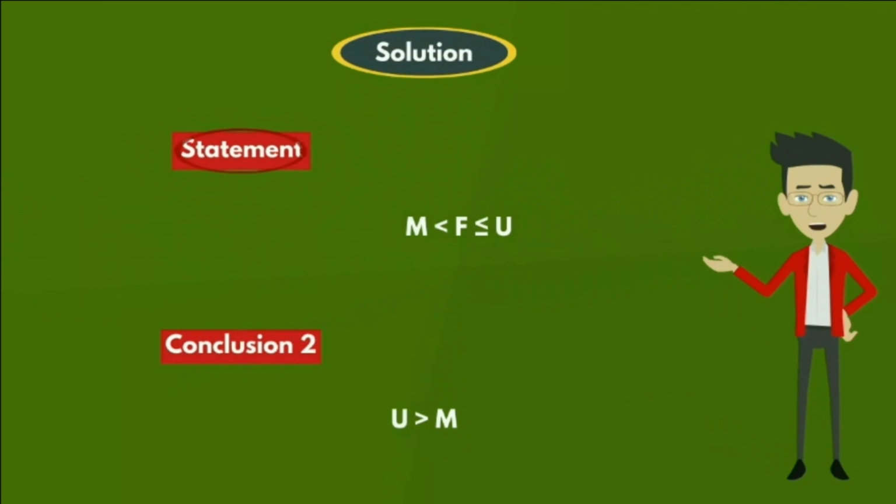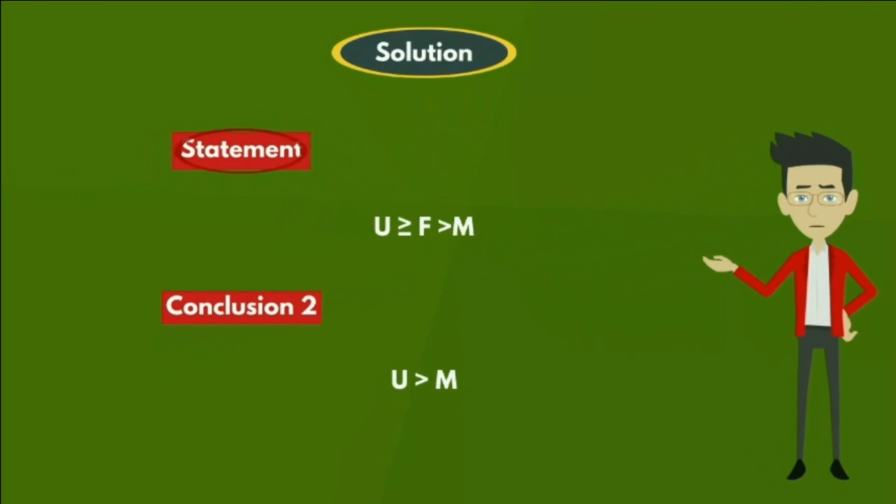So here, M less than F less than or equal to U. But in the conclusion they are asking the relation U to M. So we can write this U greater than or equal to F greater than M. Here we can observe that from U to M, we have only greater than or equal to and greater than combinations.